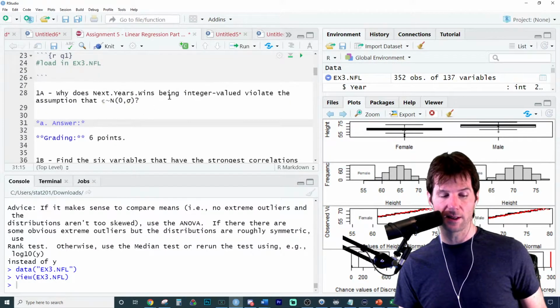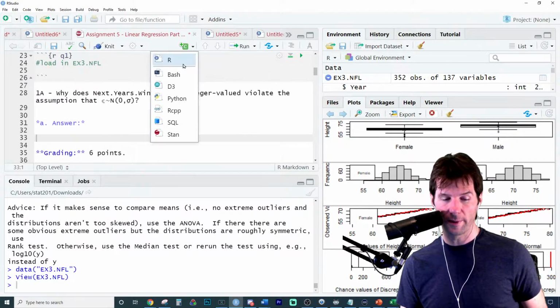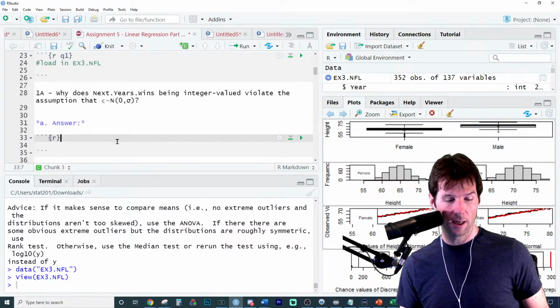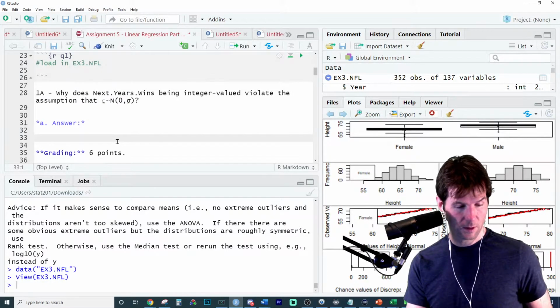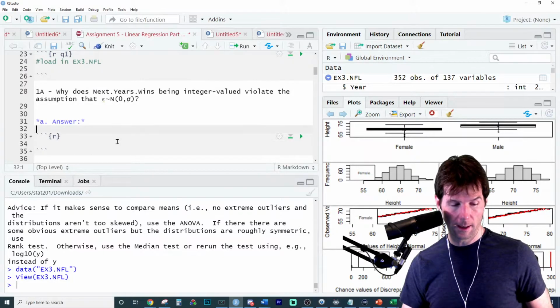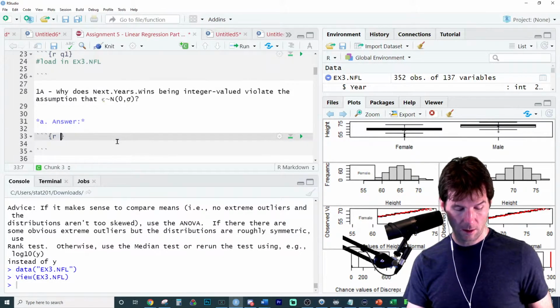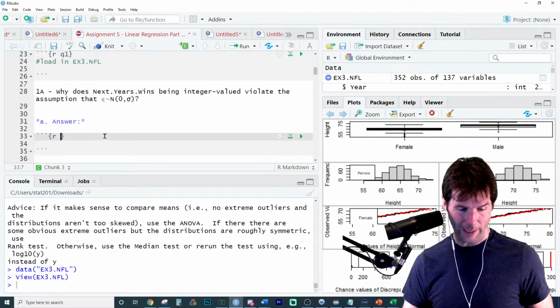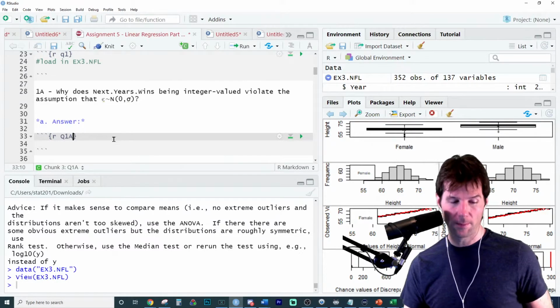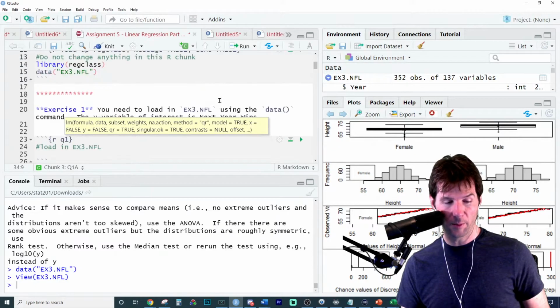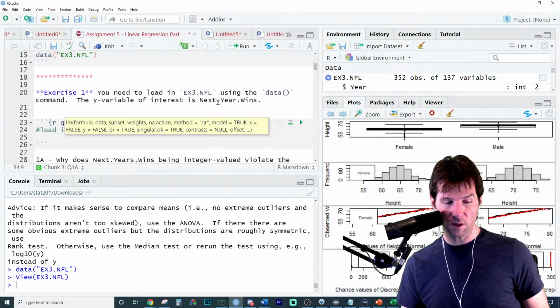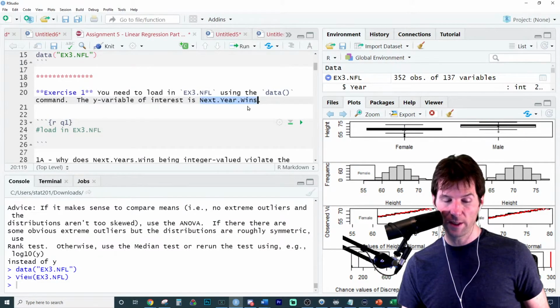You know what's really interesting, Kayla, is what we can do, so let's go look at this. We're going to do a little bit of coding because we love coding. Let's go to Q1A, and we're going to save into LM. The Y variable of interest is next year's wins.